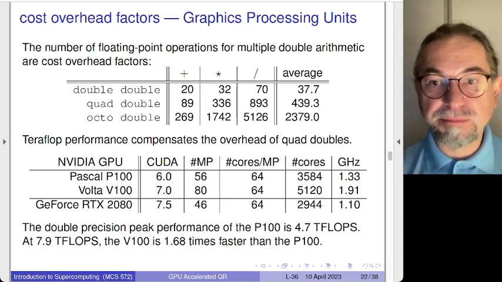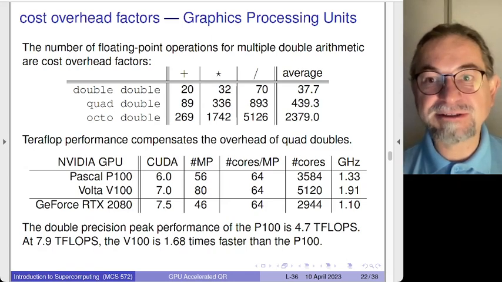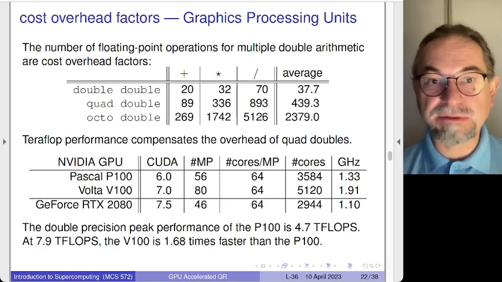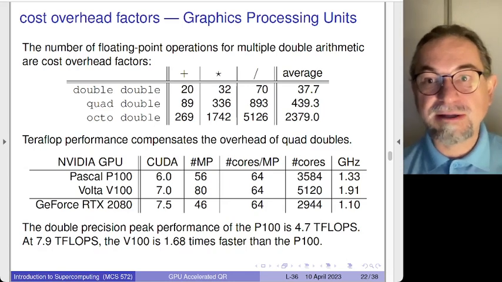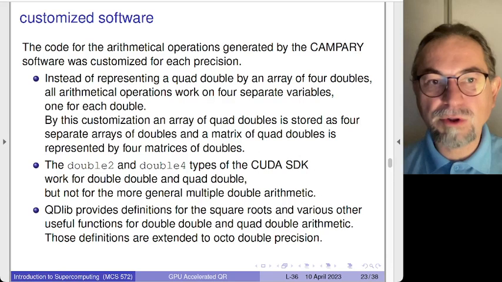So instead, you compare two subsequent generations of GPUs. So here you have the peak performances. We would expect our code on Volta to run about 1.68 times faster if everything works well. So this is another way of examining the scalability. All right.